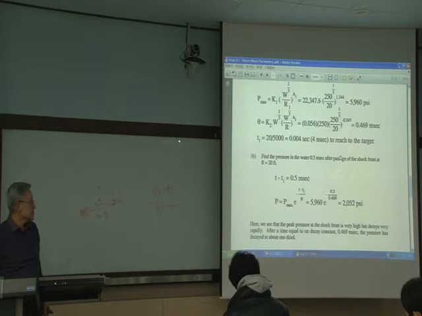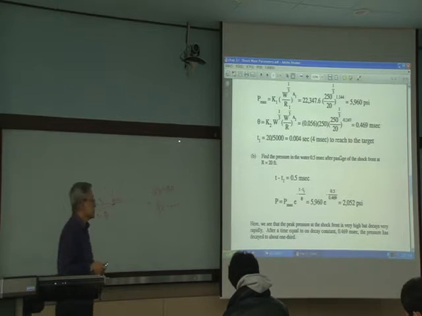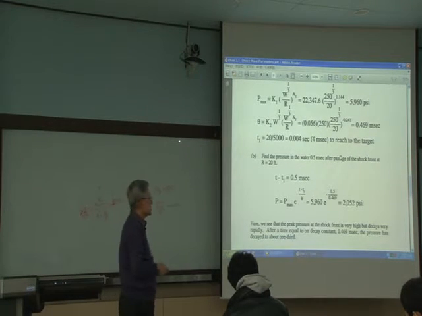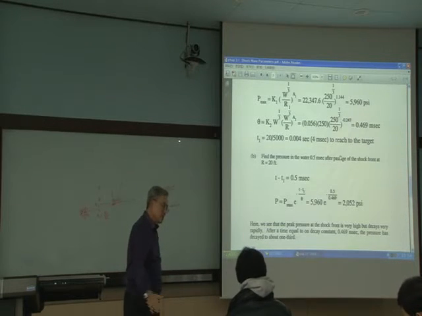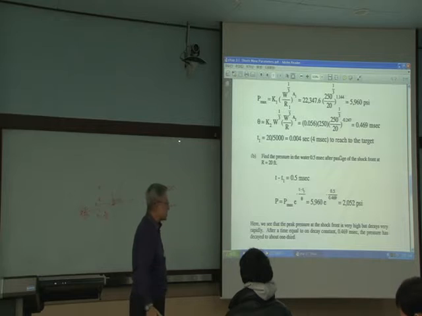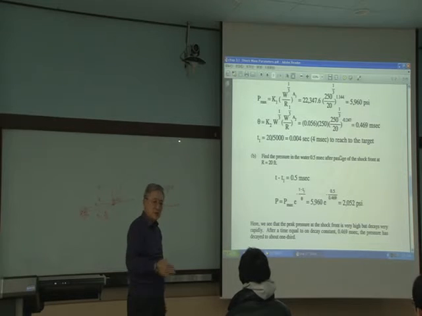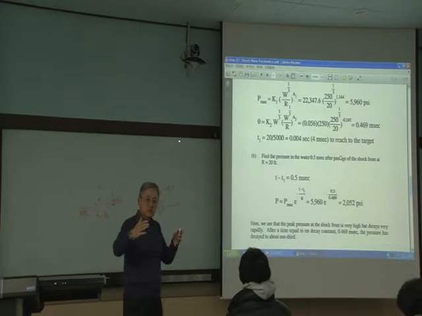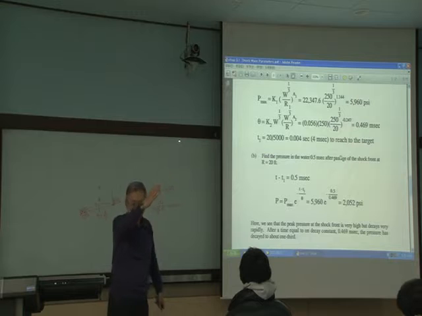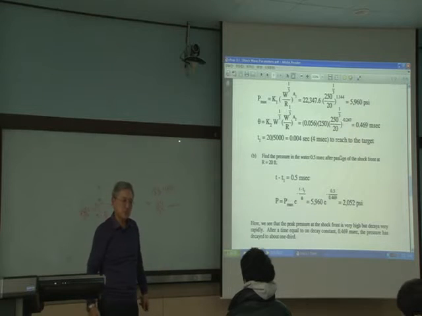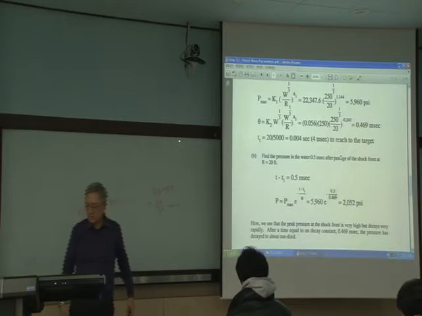In that case, it is about 2,000 psi, exponentially decaying pressure. So as the standoff distance moves farther, the shock wave pressure reduces extremely fast. Okay?